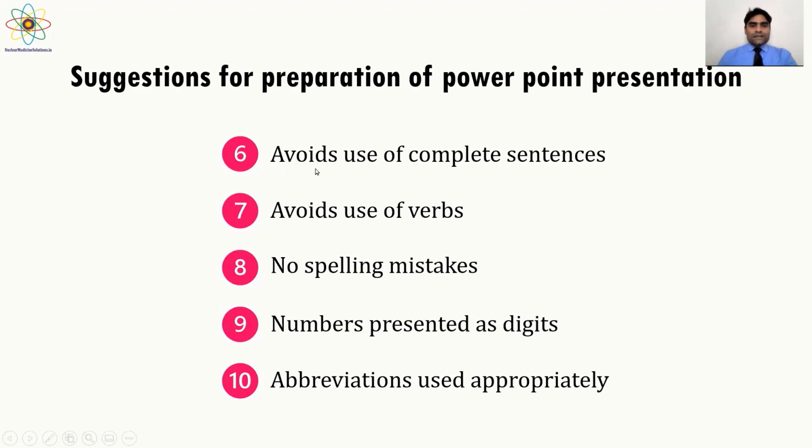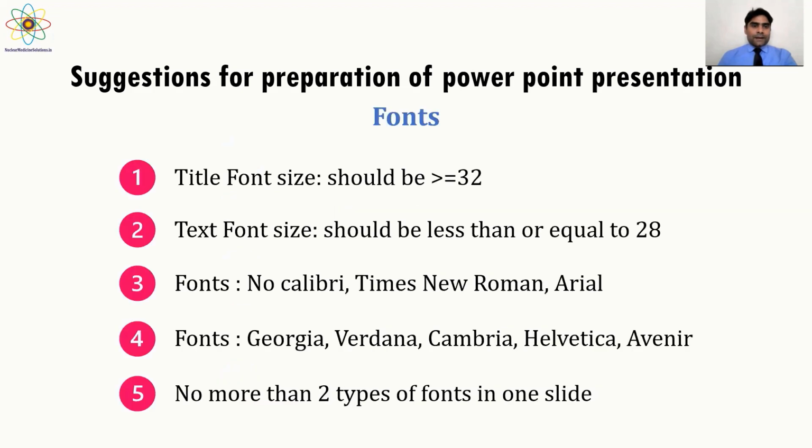The number 6 point is: avoid use of complete sentences, avoid use of verbs, no spelling mistakes, numbers presented as digits, and abbreviations used appropriately. Regarding the font, it should be more than or equal to 32 for the titles, and the font size of the subtitle or body text should be less than or equal to 28.